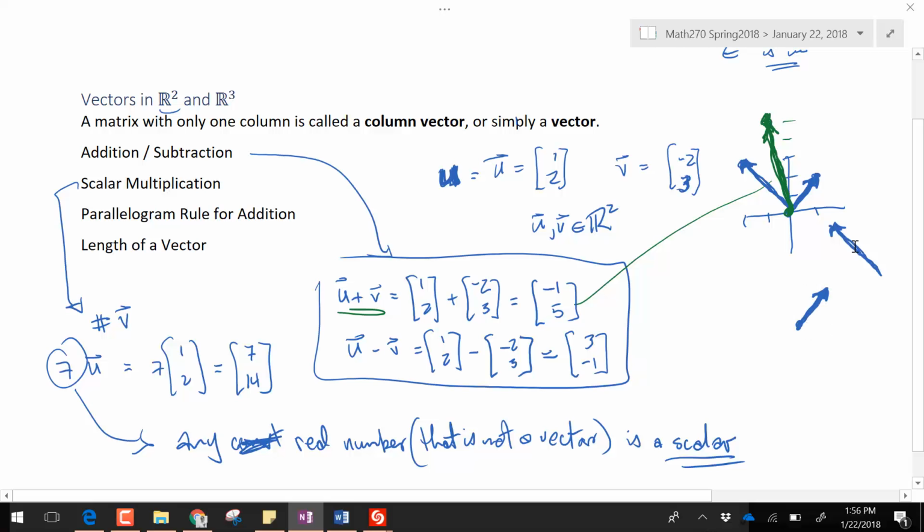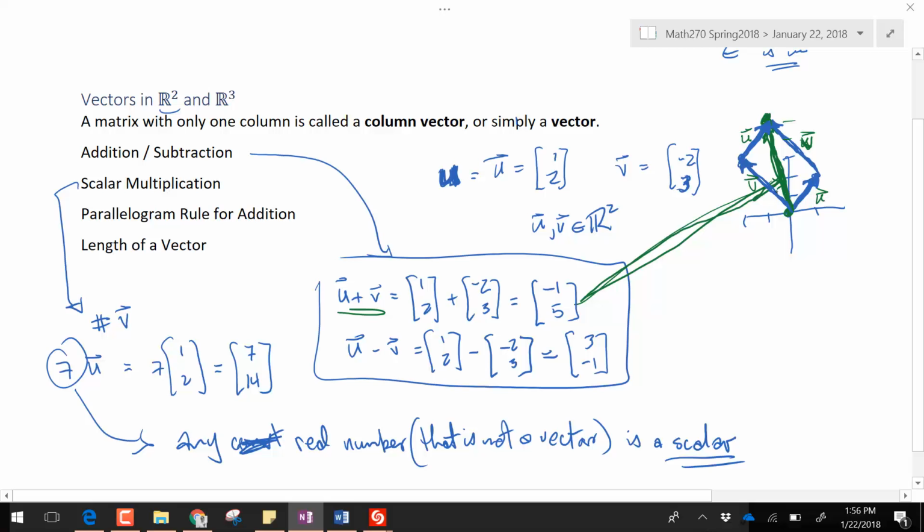Anyways, if you take a look at these two vectors u and v and attach them, either u plus v, it turns out addition is commutative. If you attach them, you get this parallelogram. Which one's u? u is (1, 2), so this is u, this is v. And then if you attach the u and v vectors, you get the sum.